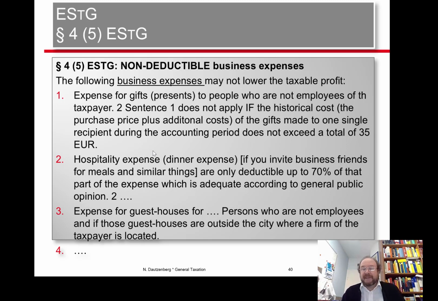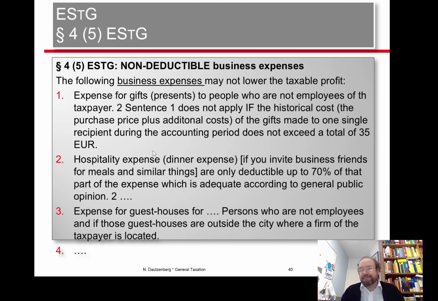That creates a wrong relation. So probably you must pay more than you would pay for your own, and that's the reason why the business meal expense is not completely cancelled, but 30% only of that amount which is regarded as adequate.